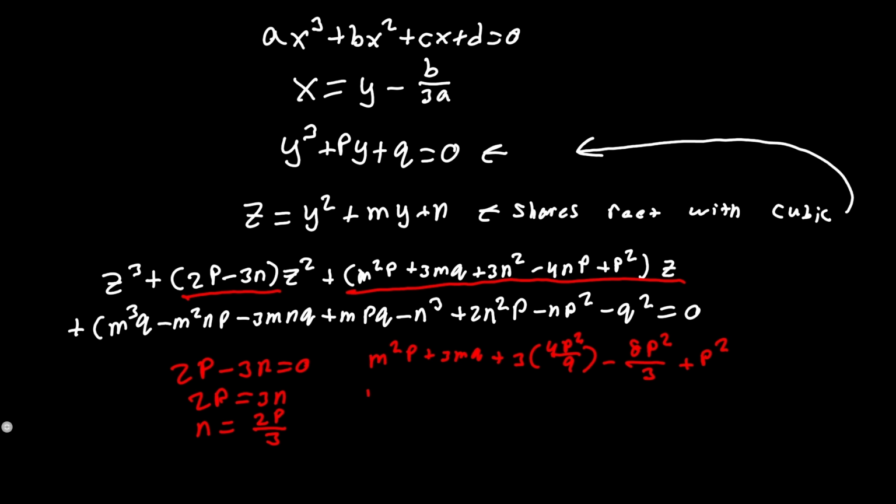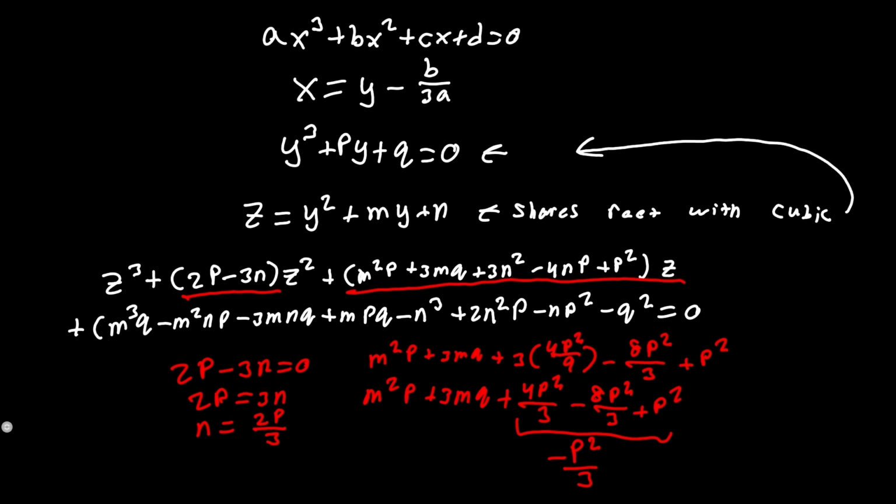So here we have m squared p plus 3mq plus 4p squared over 3 minus 8p squared over 3 plus p squared. We see we have three p squared terms, so we could just combine them, which will give us negative p squared over 3.